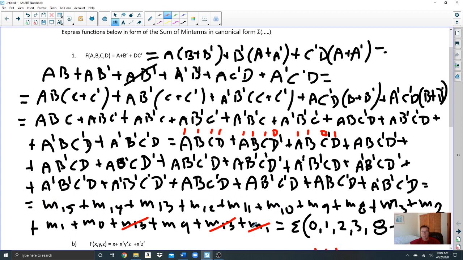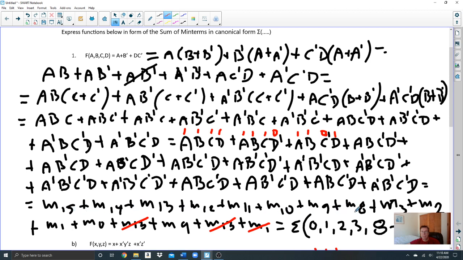All those minterms will be expressed in canonical form as a sigma notation. Sigma in math stands for sum. That means you have to add all those minterms that follow the sigma sign. So sigma in parentheses, minterm 0 is present right here, minterm 1, minterm 2, minterm 3, and then minterms 4, 5, 6, and 7 I don't see anywhere.